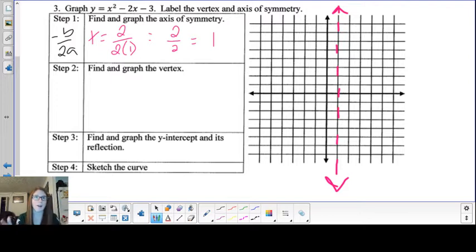Now we know on our axis of symmetry, someplace on there is going to be my vertex. I just don't know where. So what we're going to do is plug in 1 in our original function to figure out where that is. In my steps, I'm going to say plug in answer.